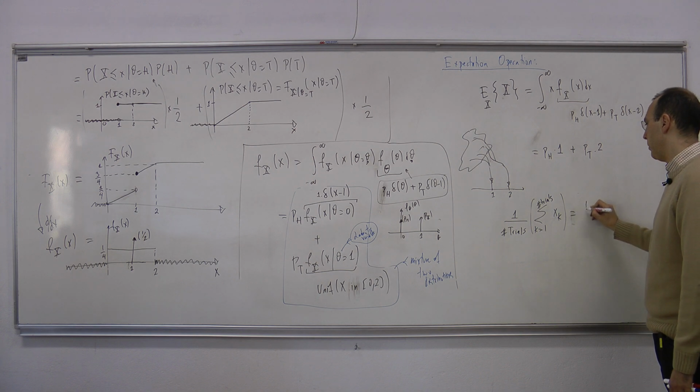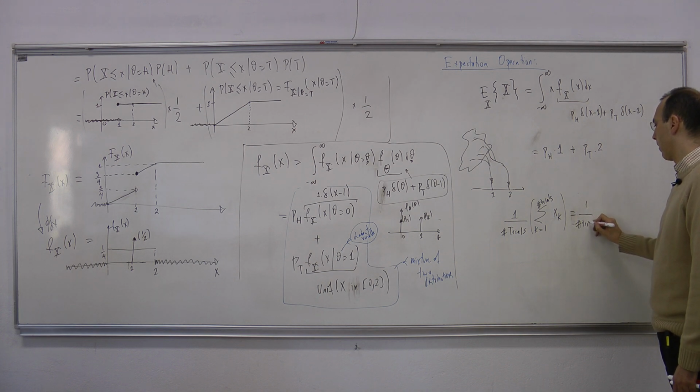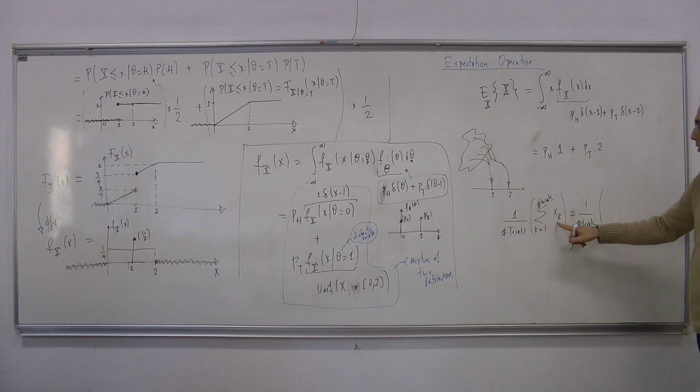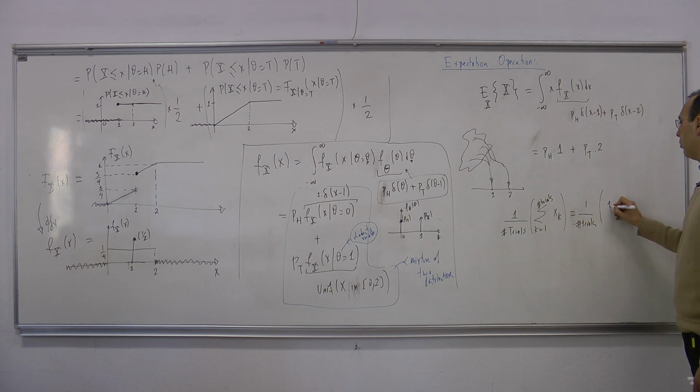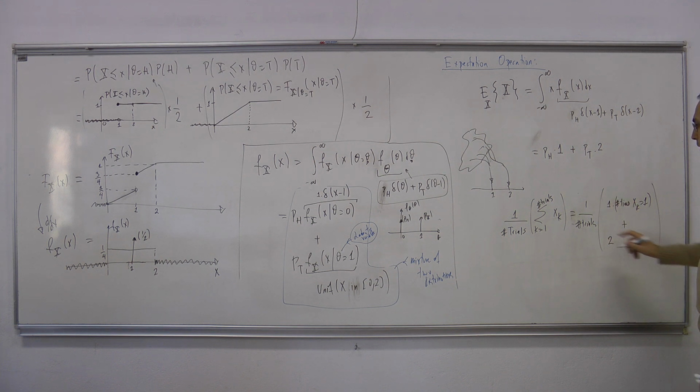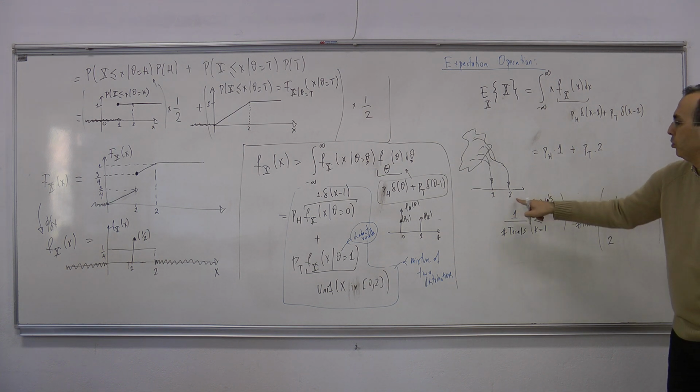Well, okay, 1 over the number of trials. Since this takes either the value of 1 or 2, isn't it? So this is 1 times the number of times xk is equal to 1 plus 2 times the number of times xk is equal to 2. Since in this summation, as you can imagine, I either have 1 or 2.